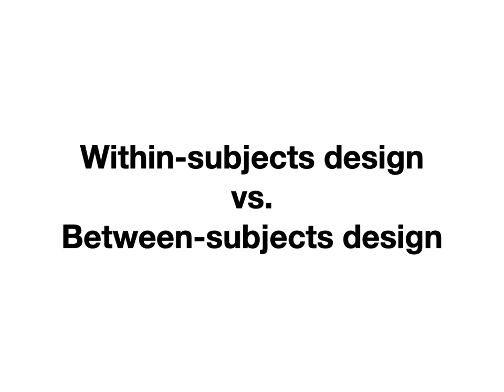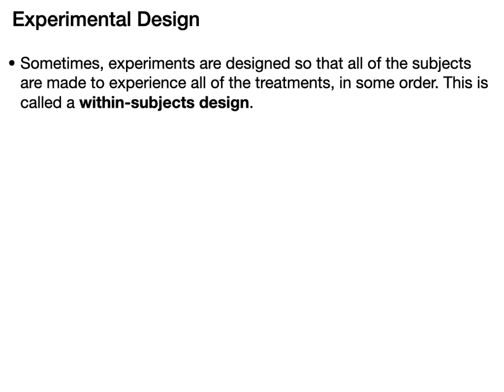Okay, I want to talk about the difference between within subjects experiments and between subjects experiments. This applies to observational studies as well, but we very often see it in experiments. Sometimes experiments are designed so that all of the subjects experience all of the treatments in some order or other.